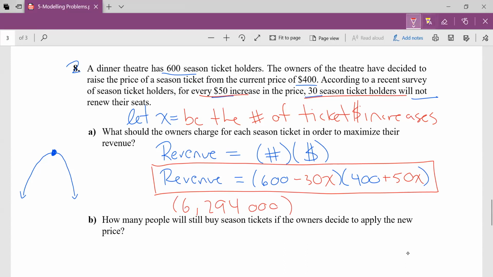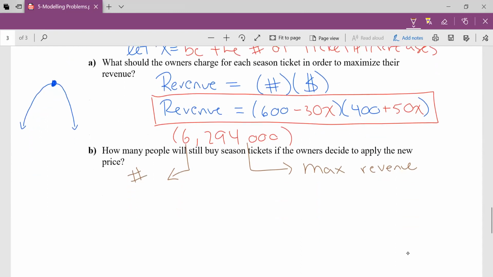Well, we didn't actually answer the question. What we know is this value here is our new max revenue. This 6 is how many times they're going to change the ticket price. That's the number of changes.